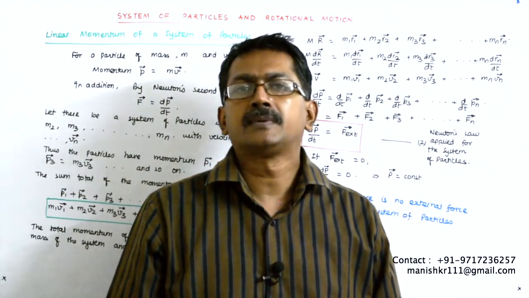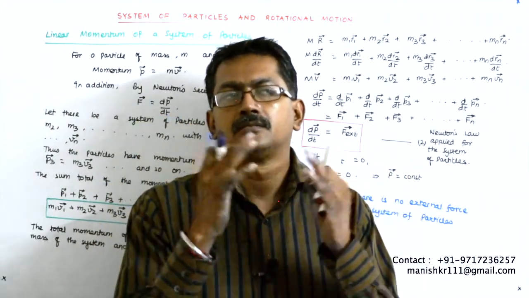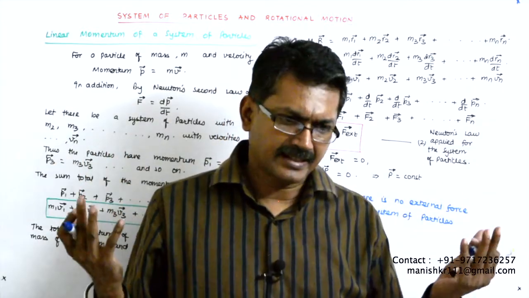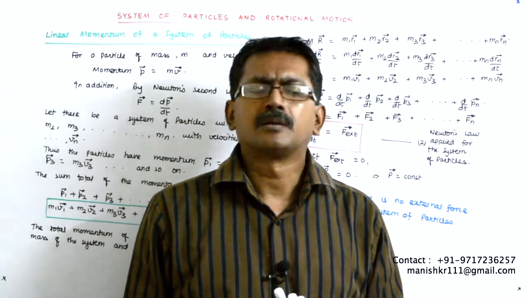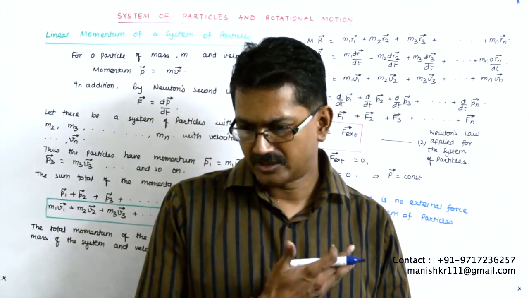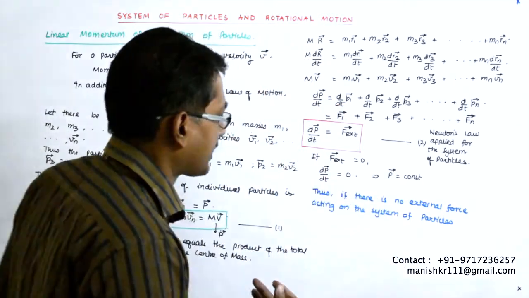Many a times you might be led to believe that it might look like a gas where the gaseous particles are flying off, but most of the times it is rigid, right? Most of the times it is rigid.